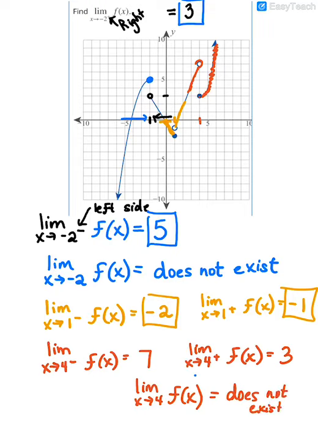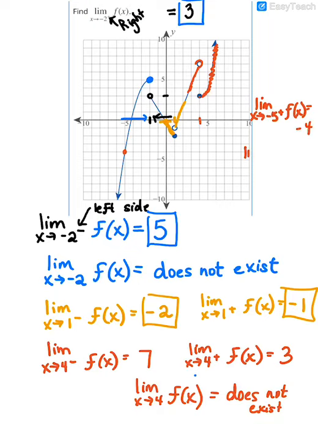Now, a very easy example: let's say we did a limit as x approaches -5. Let me find an exact point here on the graph, about right there. Well, if we come from the right-hand side, you'll notice that point is at -4.